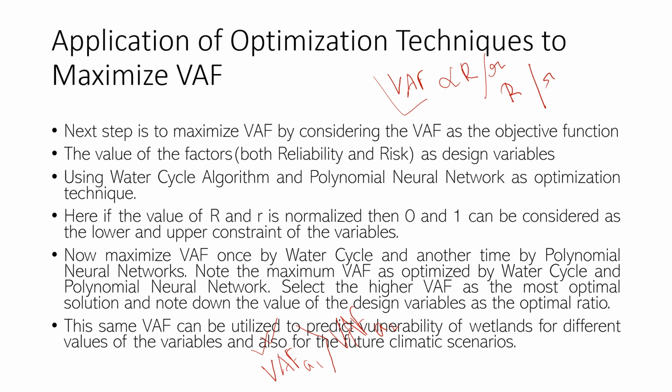But if you do not normalize, then the minimum possible value for the factor will be the lower constraint, and the maximum possible value for the factor is the upper constraint. Okay, but it is always better to normalize the variables to remove the scale or dimension impacts.